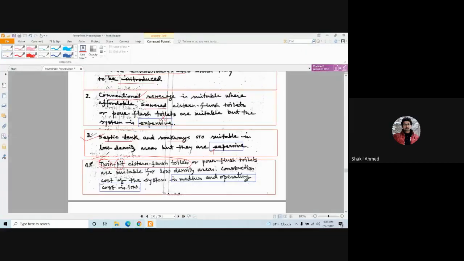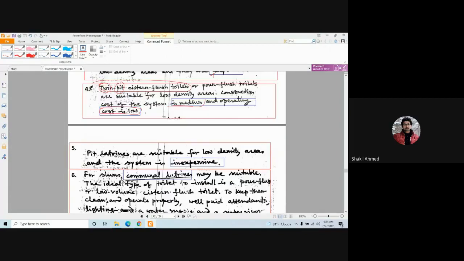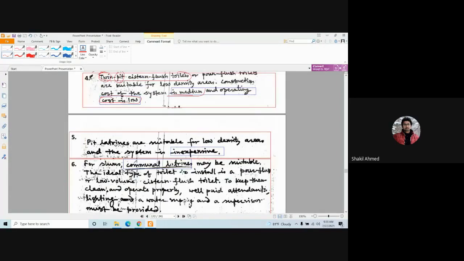Twin pit, because you have two pits here. So this can be a simple and low cost technology for low density areas, and the system is inexpensive. Okay, pit latrines.